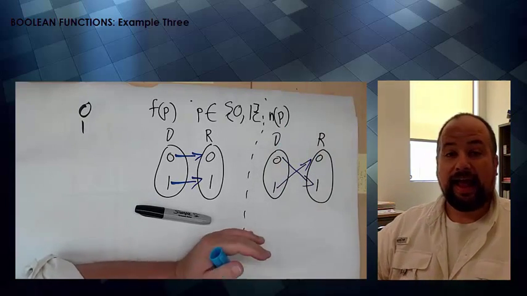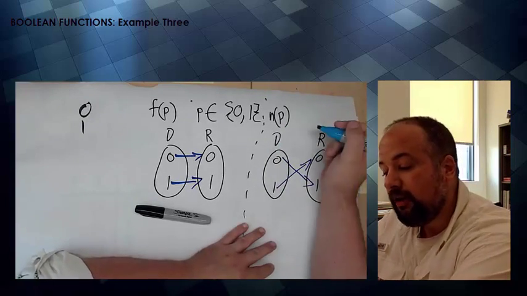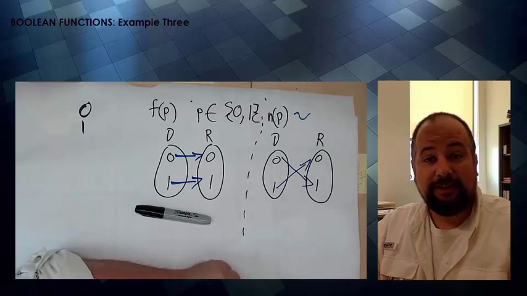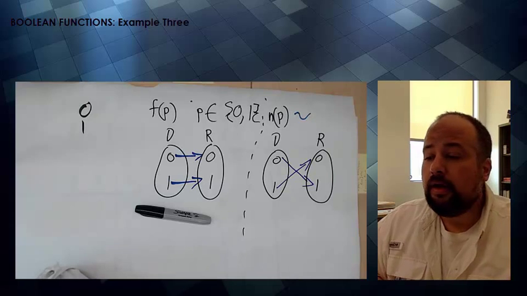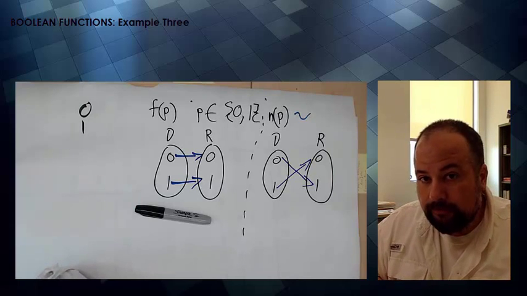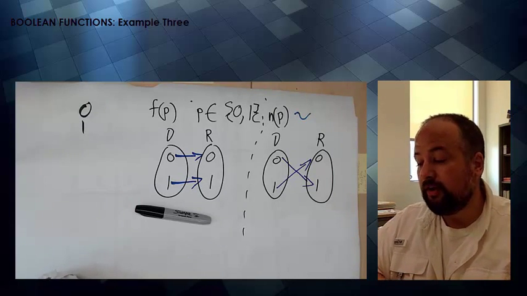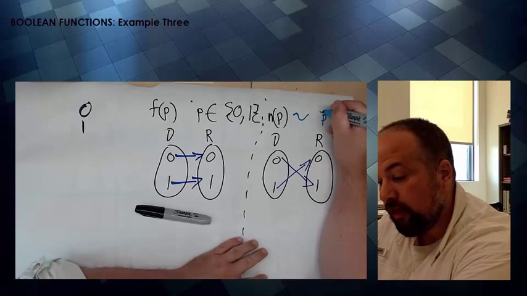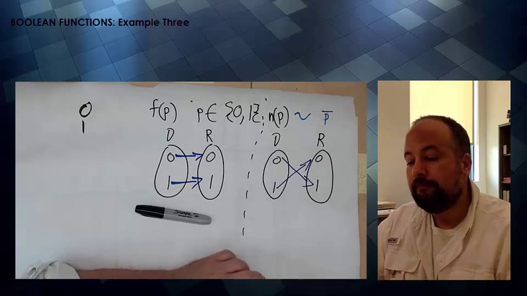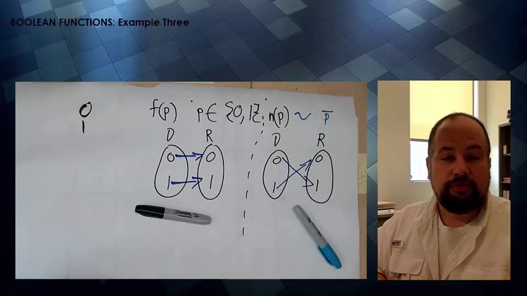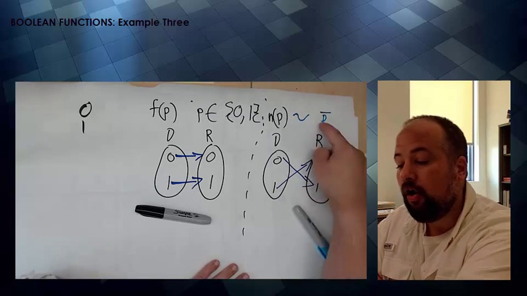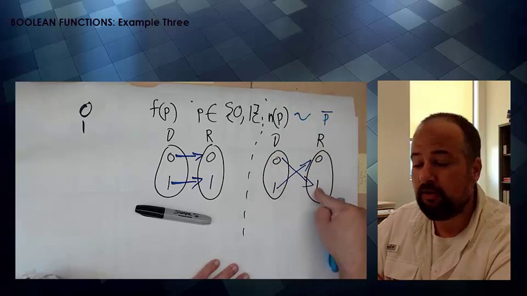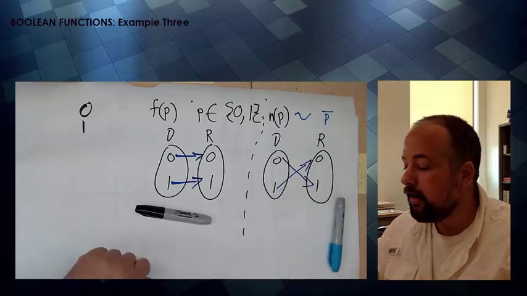Instead of writing n of p for negation, typically we write the little tilde, the squiggly line, or sometimes you will see p with a line over it, right? All of those things mean the same thing. They all mean the negation, which means every time you get a 1, it becomes a 0. Every time you get a 0, that's all it means.